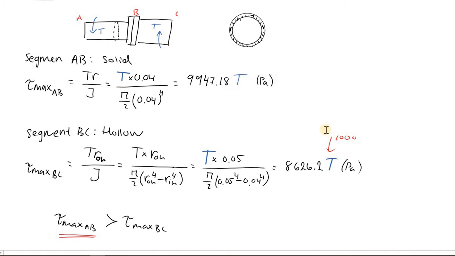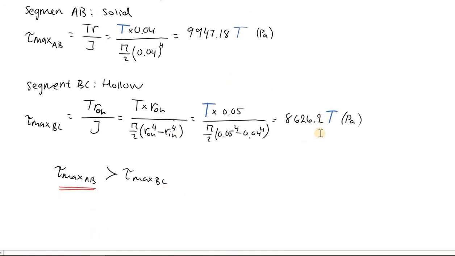That's the critical section, so we need a lower torque to be within that limit, rather than if we used it for the segment BC.